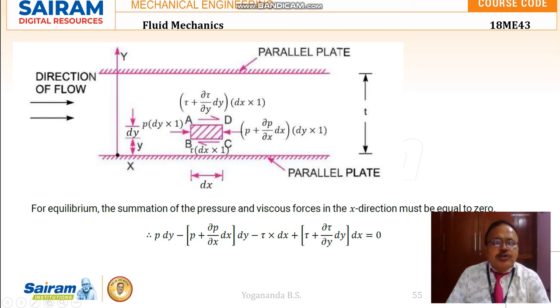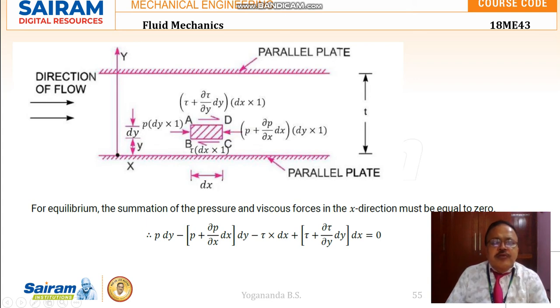Now the pressure force. The thickness of the element is dy, and we are taking 1 unit width. So the cross sectional area is dy into 1.